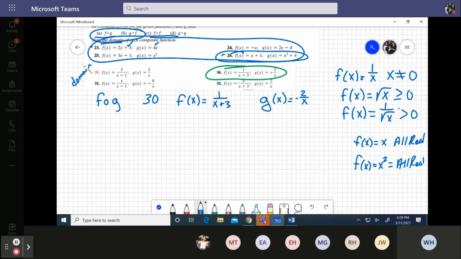Find those separate restrictions first. What's my restriction for f of x? There you go. x cannot equal negative 3.